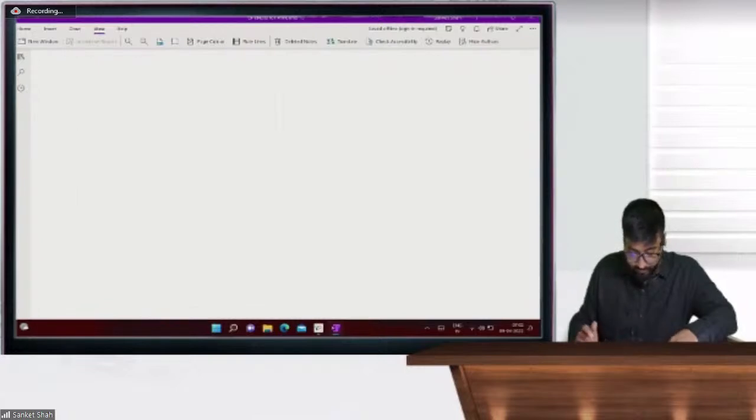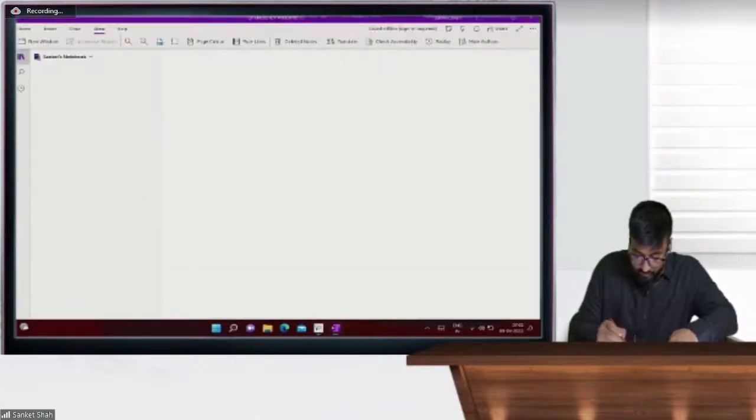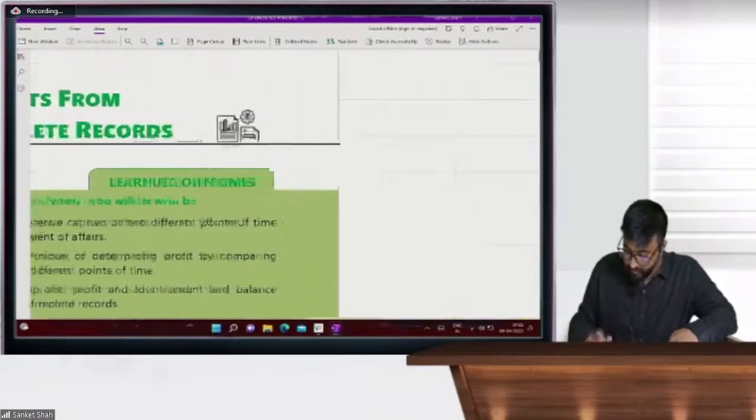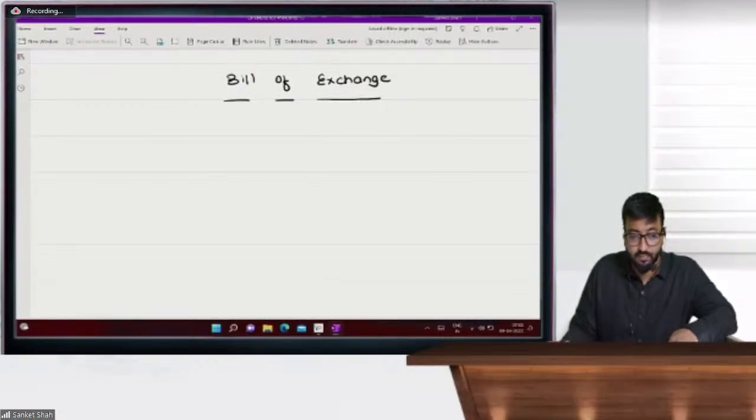After 6, 7, 8 pages, write down bill of exchange basics.